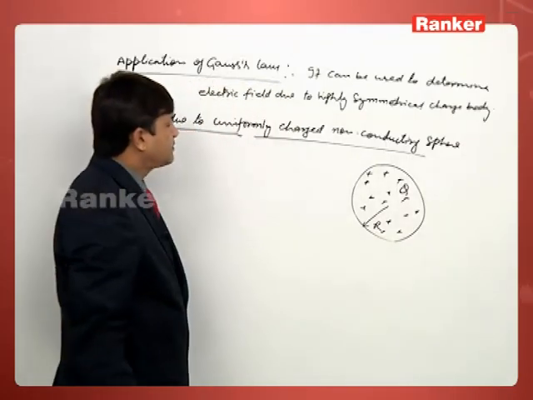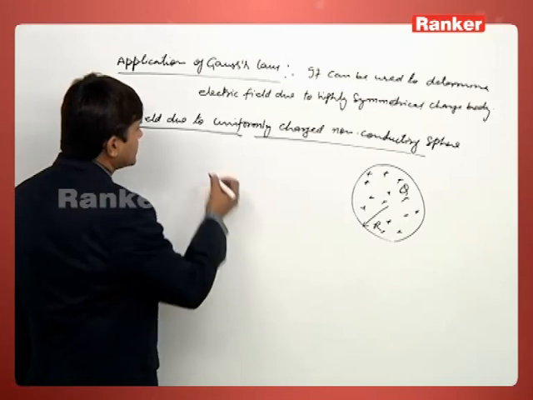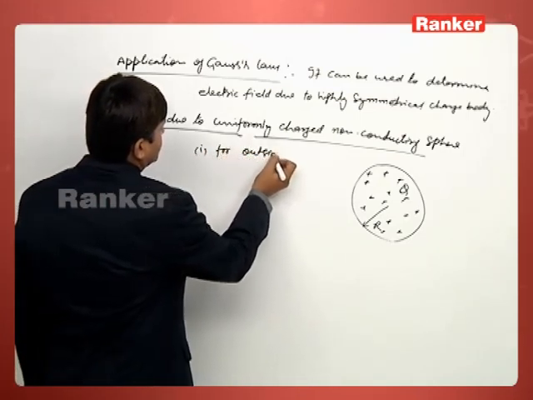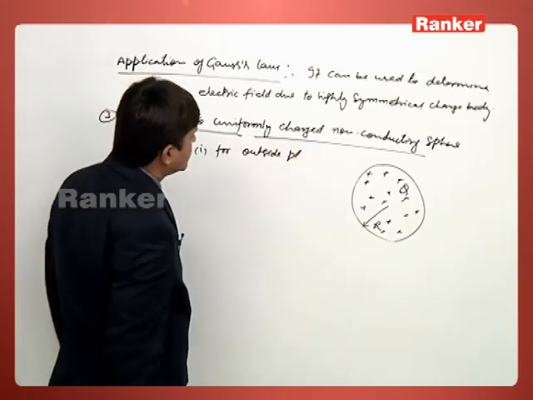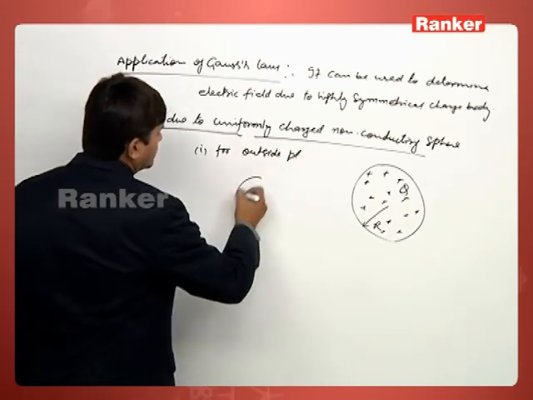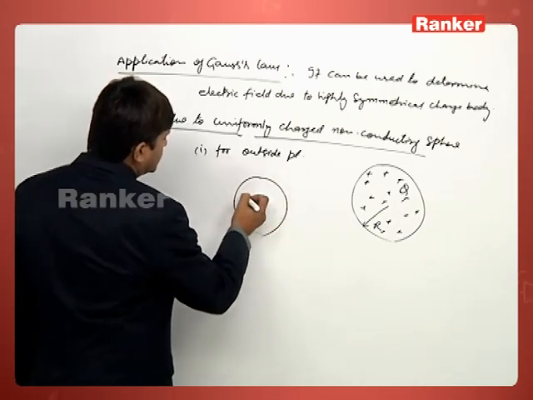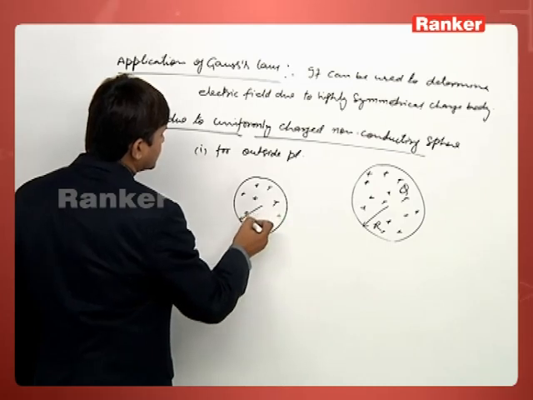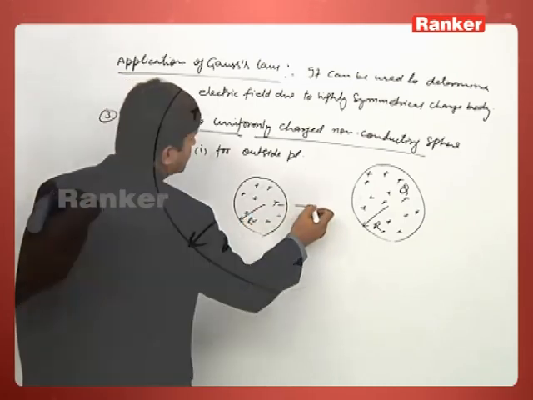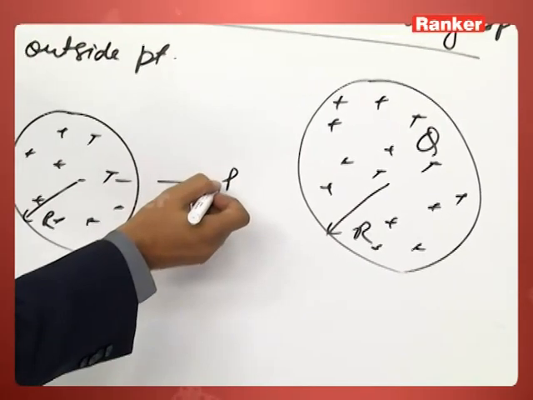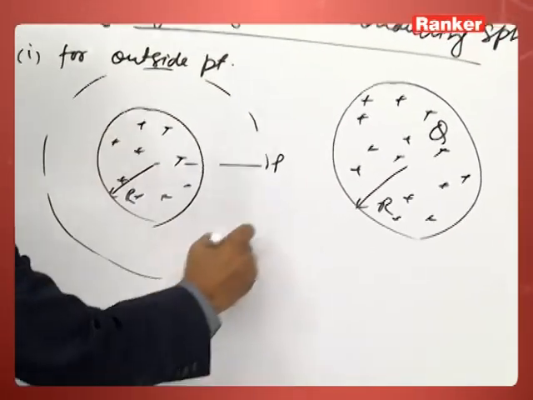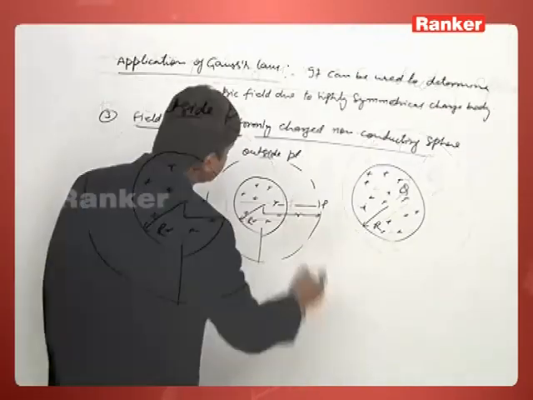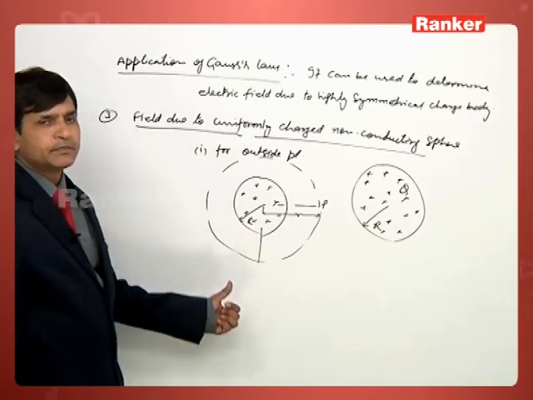Now, if we want to calculate the field, see, first for outside point, we will make a Gaussian surface, which will be a spherical Gaussian surface. Suppose we want to find the field at point P, and this is at distance r, in the same way as we did in the previous case.